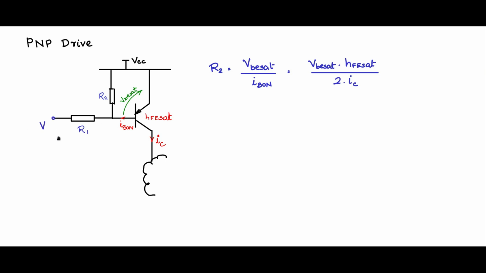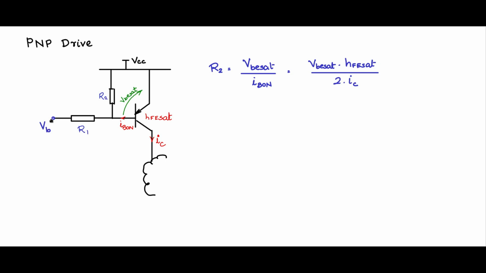Now VB is the signal voltage, so this will go low. When this goes low, then there will be a current IB on flowing through R2 and IB on coming in from the base. 2 IB on flows through R1 and sinks into the signal source.